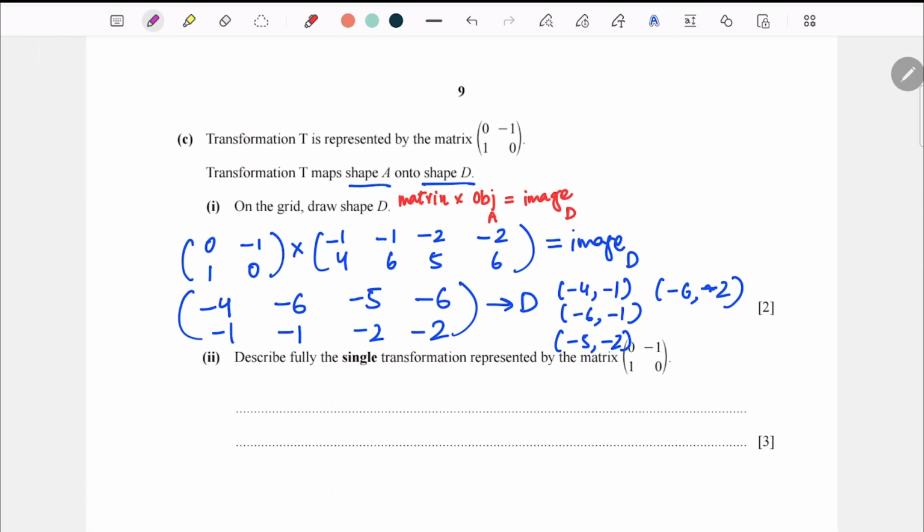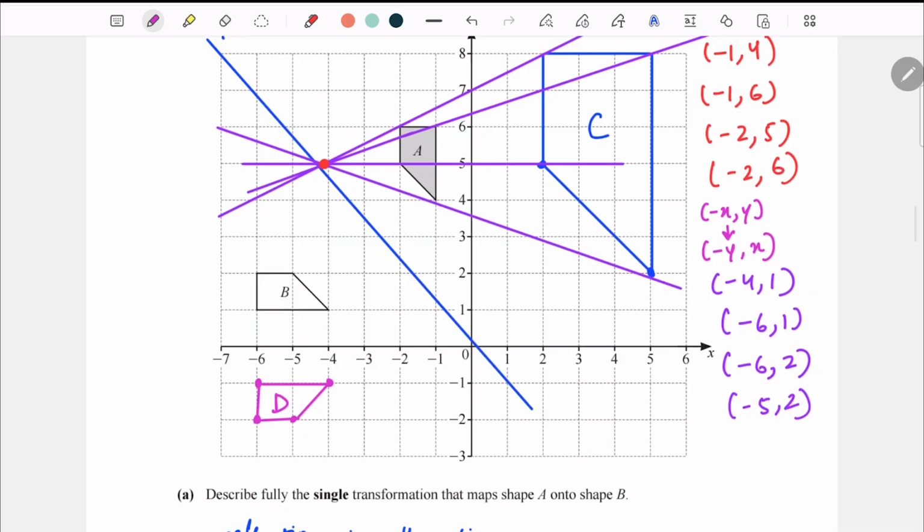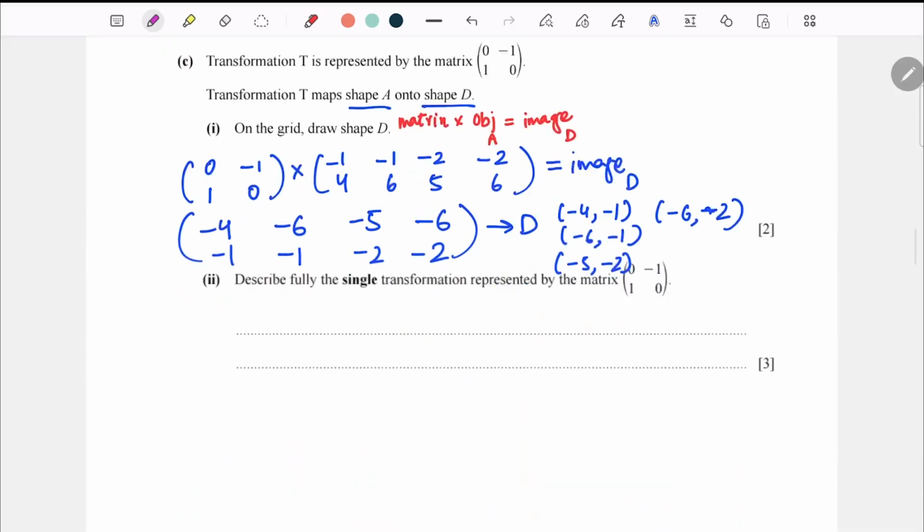Describe fully the single transformation represented by the matrix 0, 1, minus 1 and 0. Now A onto D. This entire figure is being mapped on this. So first I'm going to take any two coordinates and compare. One coordinate of A was minus 1 comma 4.